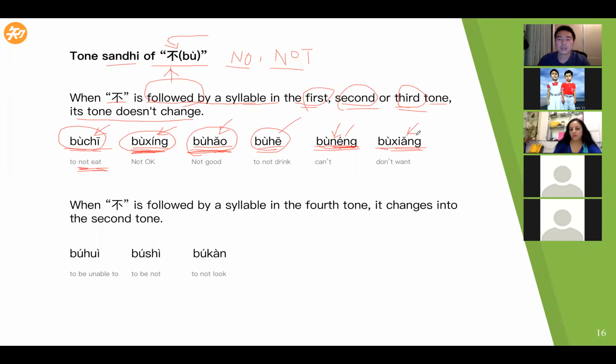So when 不 is placed before these tones, it is still 不. The tone doesn't change. But when 不 is followed by a syllable in the fourth tone, it changes into the second tone. So 不 becomes 不, the second tone. Now let's take a look at this one. How about Avinder?